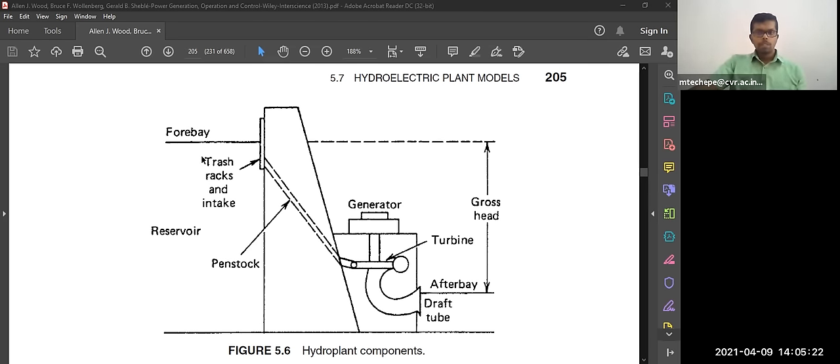You have to store only up to 100 feet. If you store 120 feet, it will damage this whole structure.